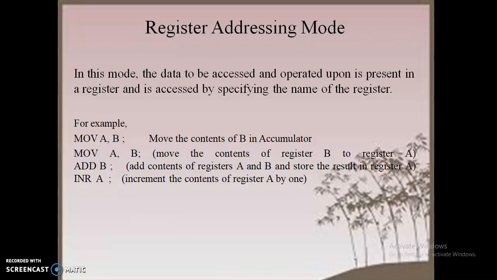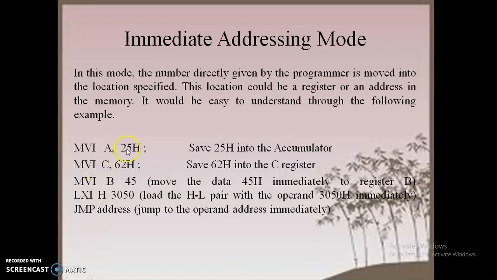The second one is register addressing mode. Here, register means both are general purpose registers. Source and destination are both general purpose registers. In the previous example, this is the source, this is the destination. The source is data, the destination is a register or accumulator.